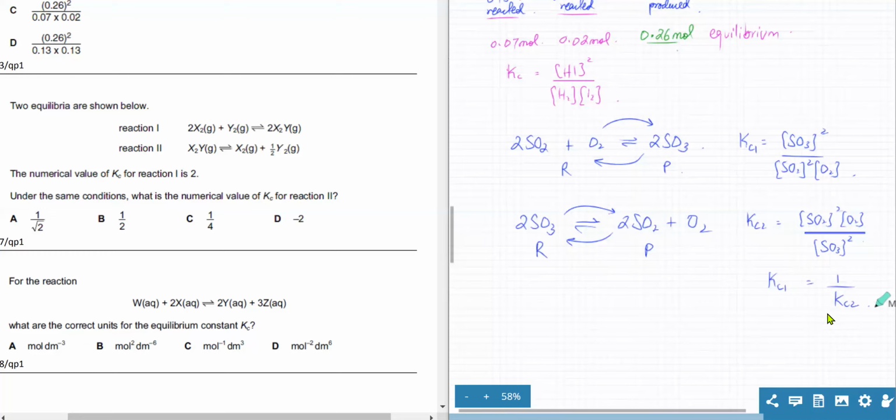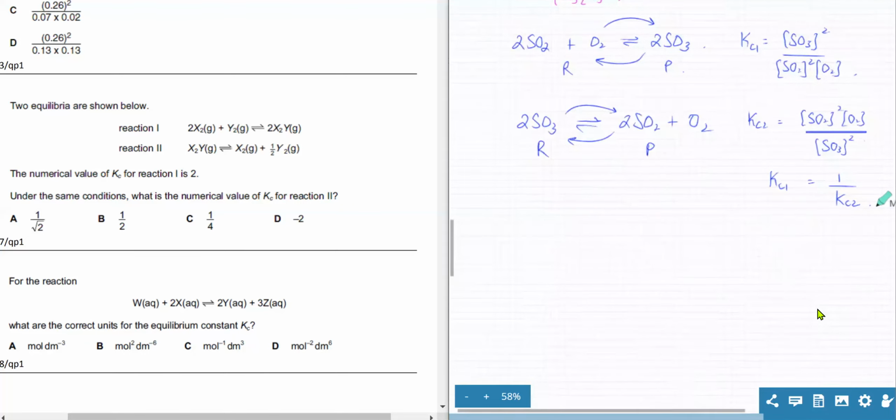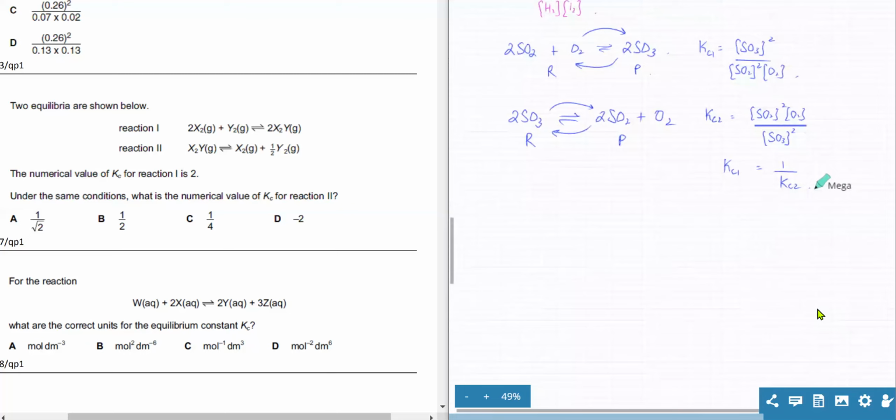So that's the relationship between them. They represent the same reaction. The only problem was that you had just written the reaction the other way around, which gave you different expressions for Kc1 and Kc2, but they were still linked by some relationship. Okay, is this point clear? Yes, sir.